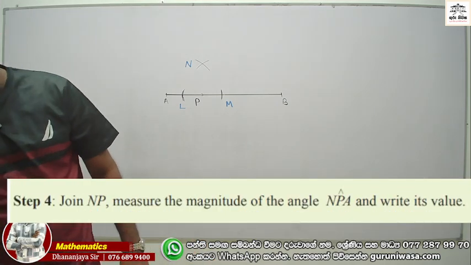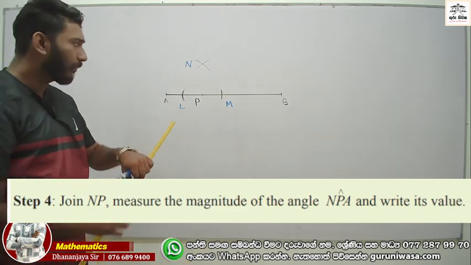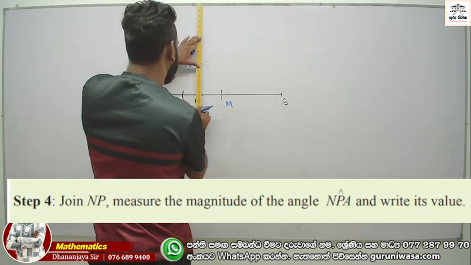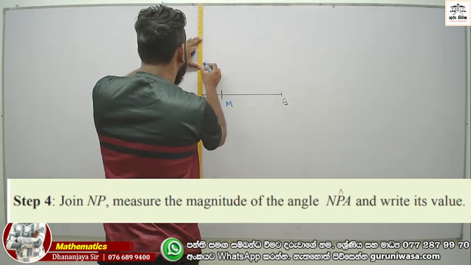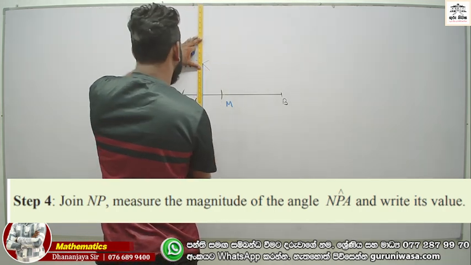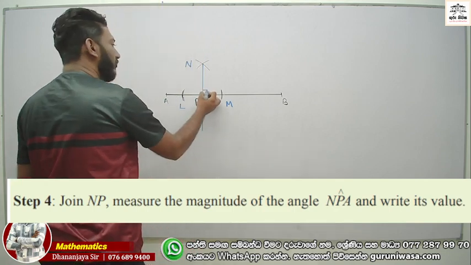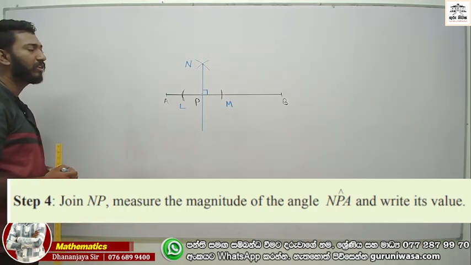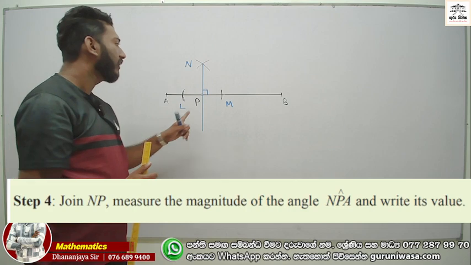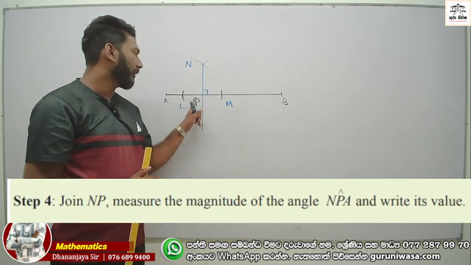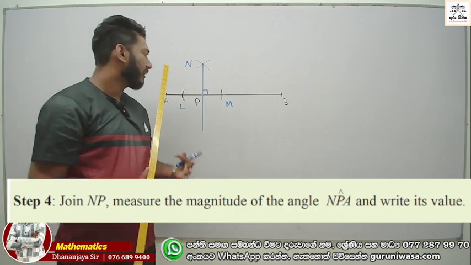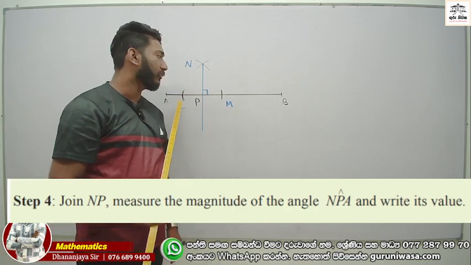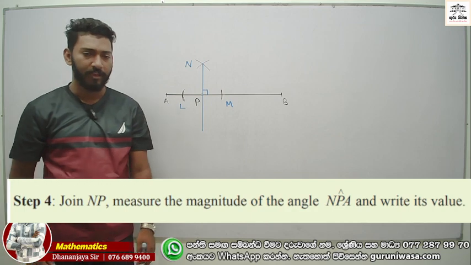Now I'm going to join NP. Look at this. Now this should be 90 degrees. And this is the way to draw the perpendicular through the point P situated on the line, right?